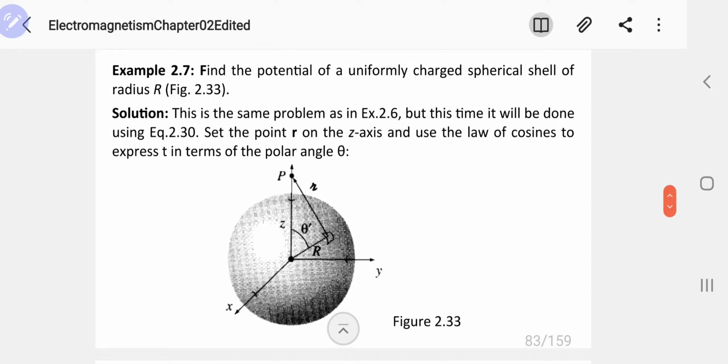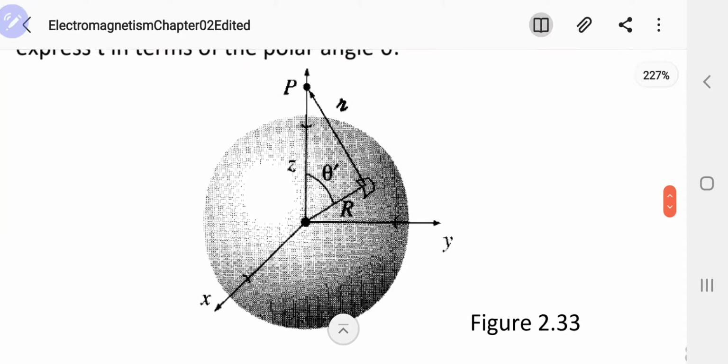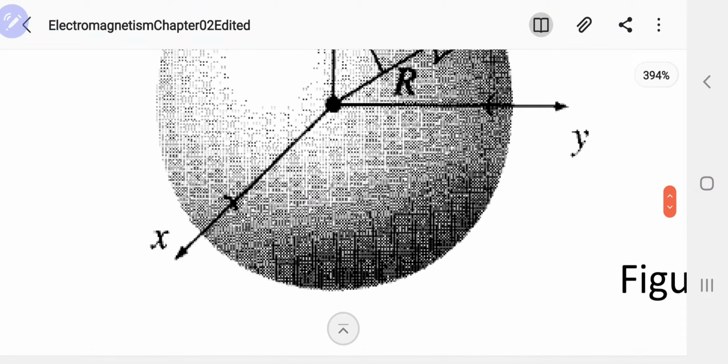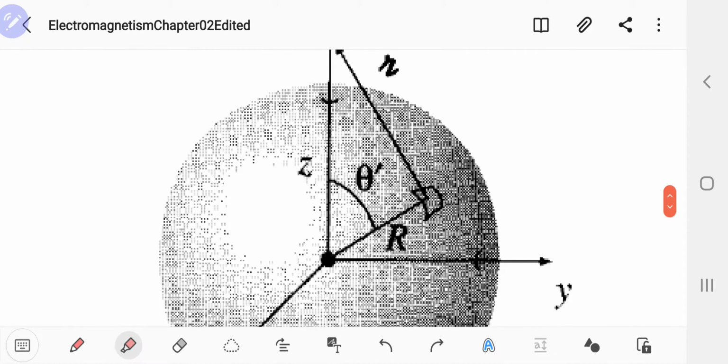If you look at this figure, you have a patch of area right here. That's the surface area of the spherical shell.